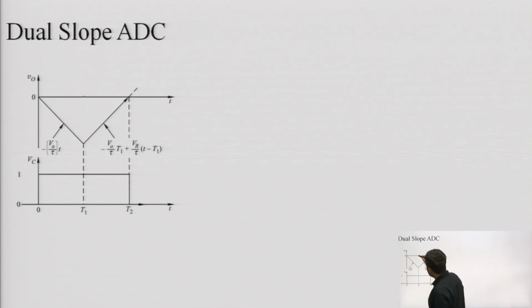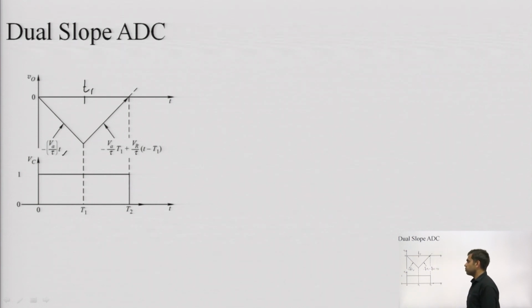So till this point t1, we have noticed that the output is minus VA by tau t, and from this point onwards the input has changed from VA to minus VR.